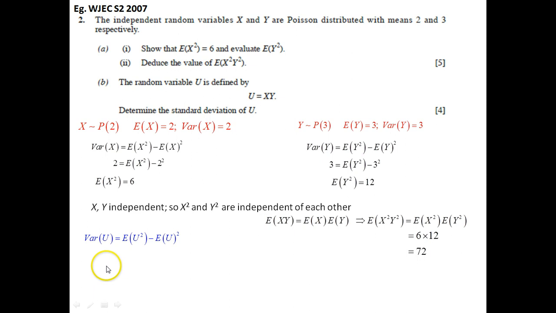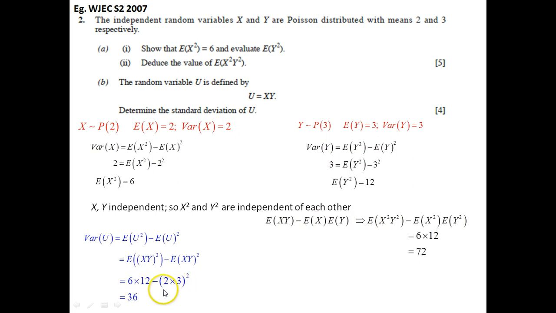The variance of u is given as E of u squared minus E of u all squared. So I can put u squared being xy. So I've worked out E of x squared y squared. It's 72. And I know that E of xy can be multiplied, so I've got 2 times 3 there.